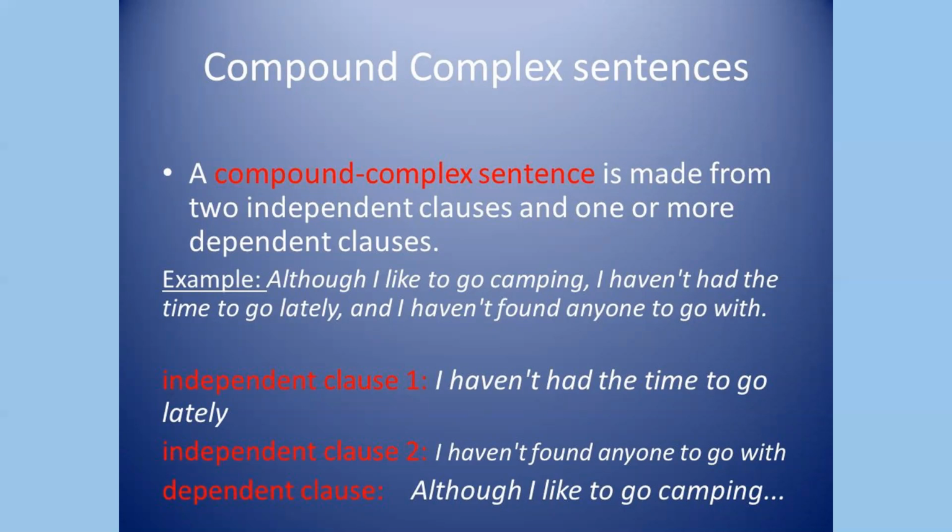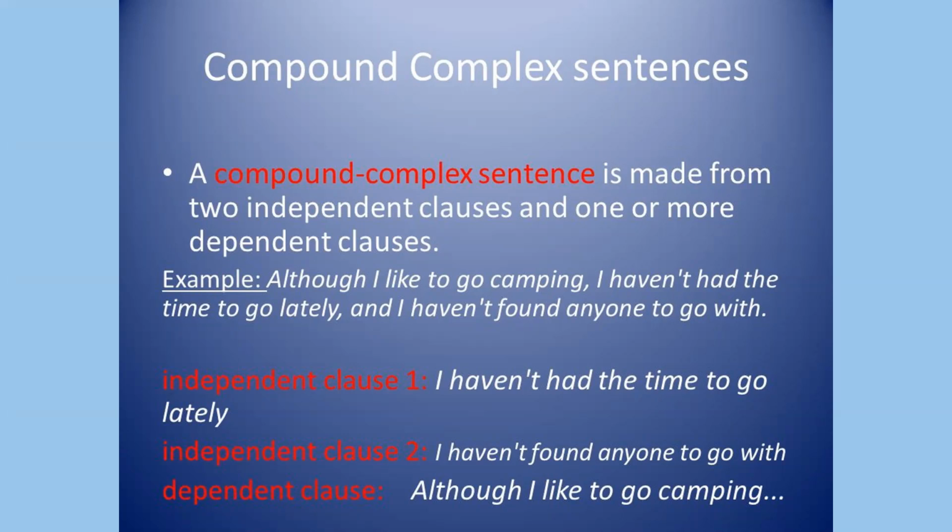A compound complex sentence is made from two independent clauses and one or more dependent clauses. So in this sentence, two independent clauses are coming together, just like in a compound sentence, and there can be one dependent clause or more than one.